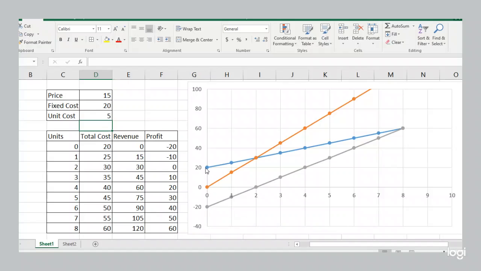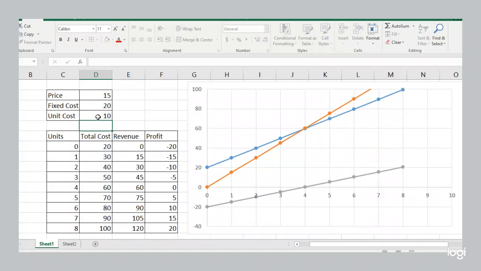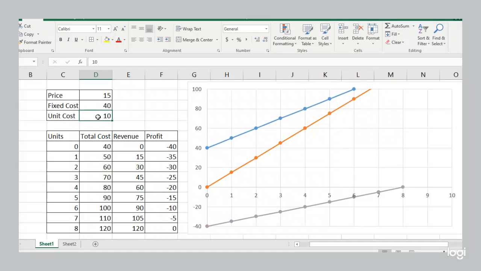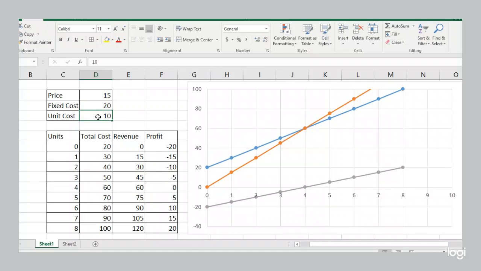Now in all this time, that profit curve was still at negative 20, and our cost curve was still at positive 20 because that's the fixed cost. Even if we don't sell anything, even if we don't produce a single unit, we still have that fixed cost to pay. But we can change that fixed cost. Let's say instead of 20, we make it 40. Well, look what happens now. I'm going to show you again. 20, 40.